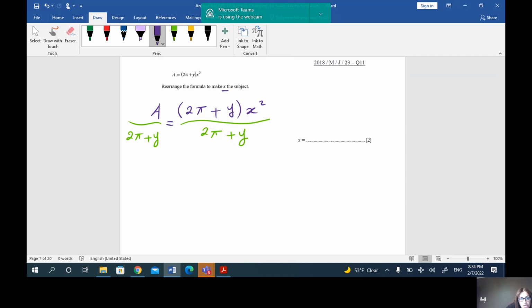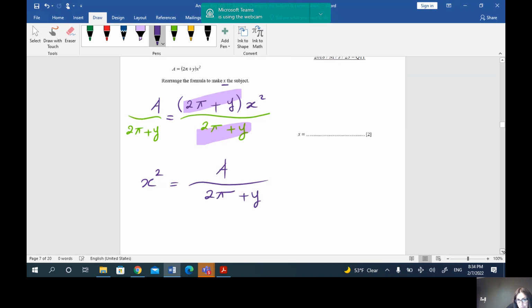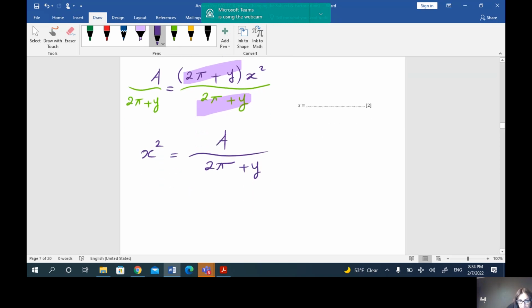Okay, so this is cancelled with this. Accordingly, x squared is equal to fraction line A over 2 pi plus y. The opposite operation to square is square root.